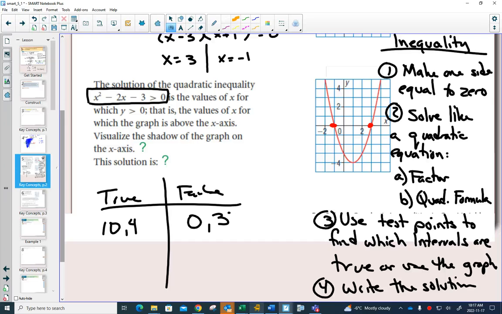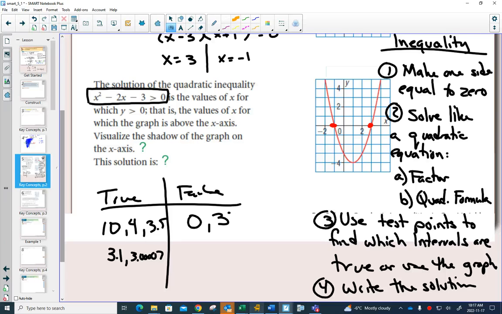I'm going to tell you that 3.5 is true. 3.1 is true. 3.00007 is true. Anything slightly above 3 will be true. 3 won't work. Anything slightly below 3 won't work.